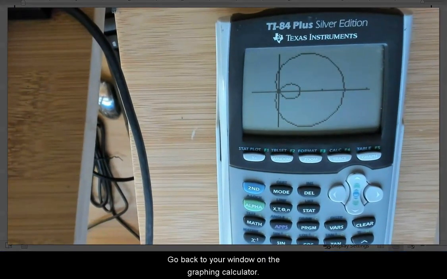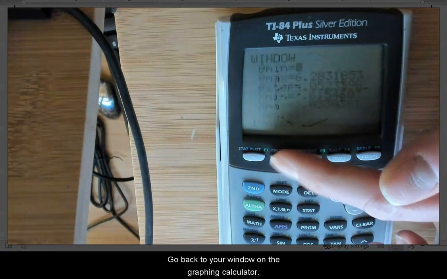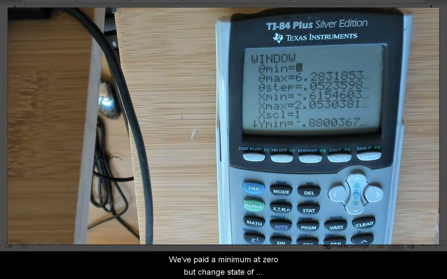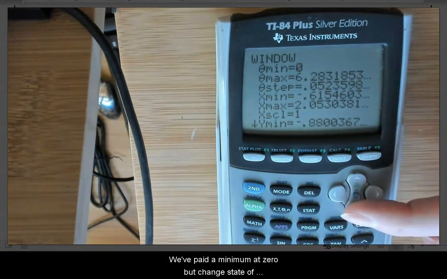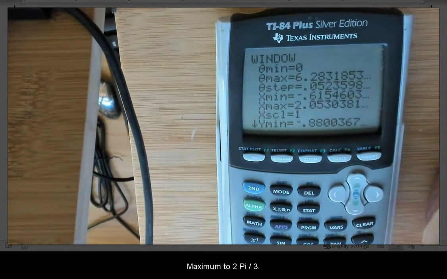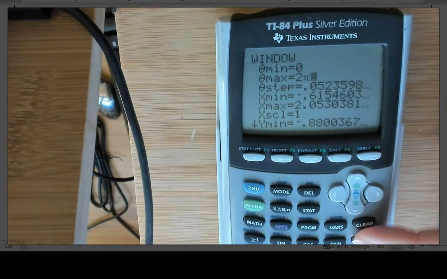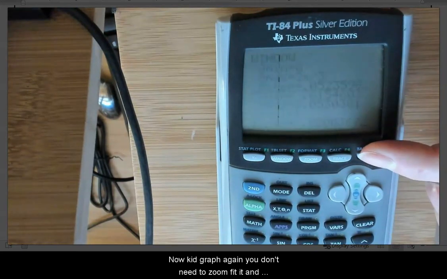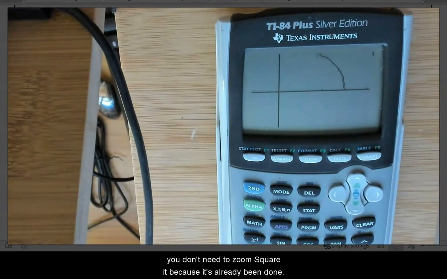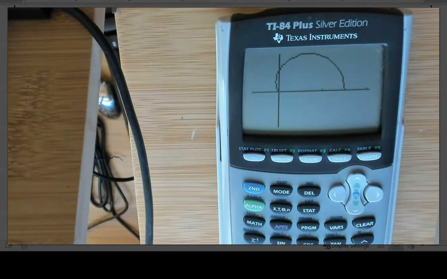Go back to your window on the graphing calculator. Leave theta minimum at 0, but change theta maximum to 2 pi divided by 3. Now hit graph again. You don't need to zoom fit it and you don't need to zoom square it because it's already been done. Boom, that is exactly what I wanted.